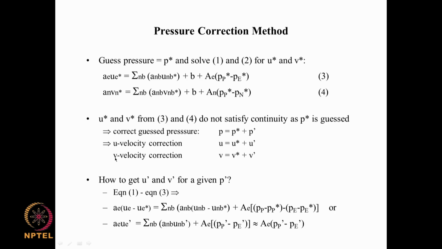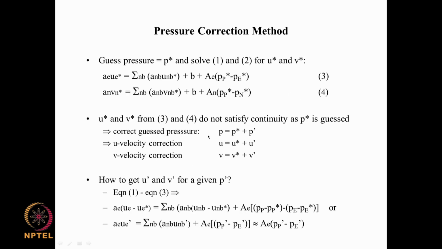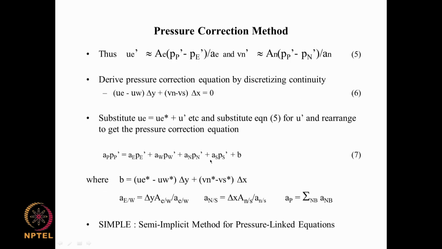where the pressure correction at capital P is given in terms of pressure corrections at capital E, capital N, capital W, capital S, and that is of this particular form, where some of the starred quantities are coming in the right hand side of this, and we already know these things because we have solved the corresponding discretized momentum equations.